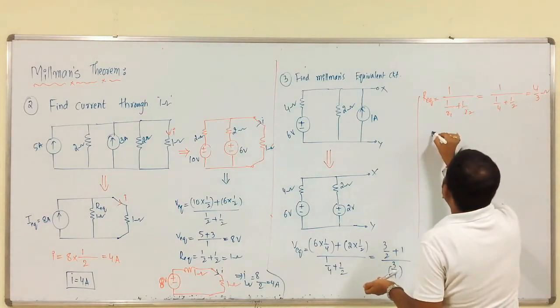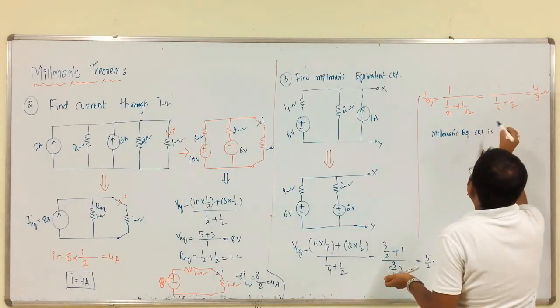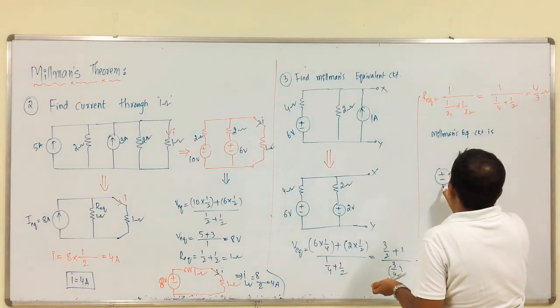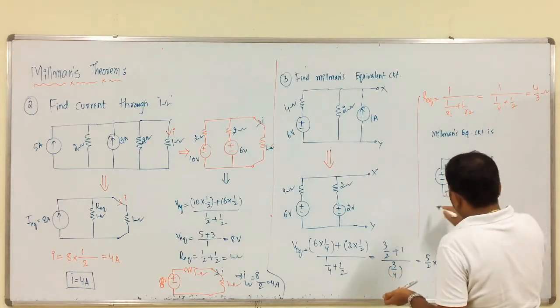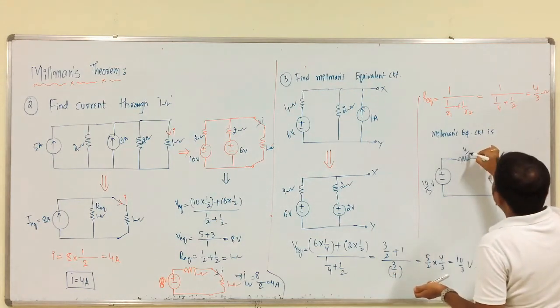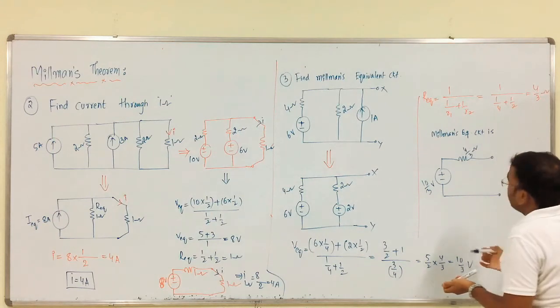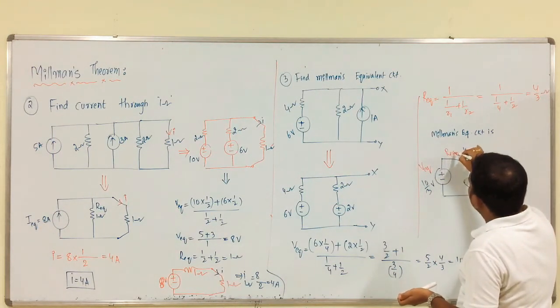Therefore, Millman's equivalent circuit is plus minus, this is what? 10 by 3, this is what? 4 by 3, that is it. This is V equivalent, this is R equivalent, that is it.